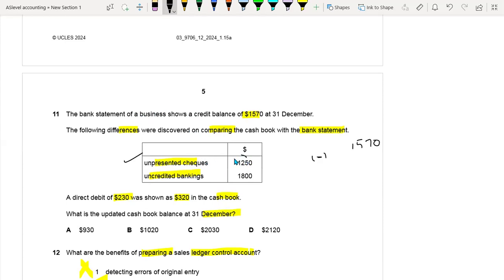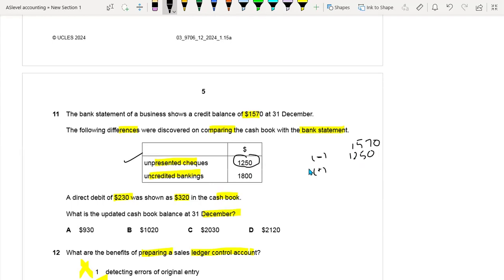So in this 1570, the 1250 is still included. That's why we have to deduct the unpresented cheques from the 1570 to get the cash book balance.